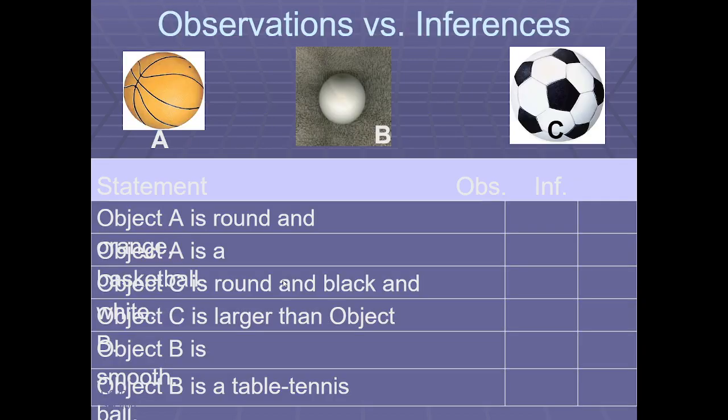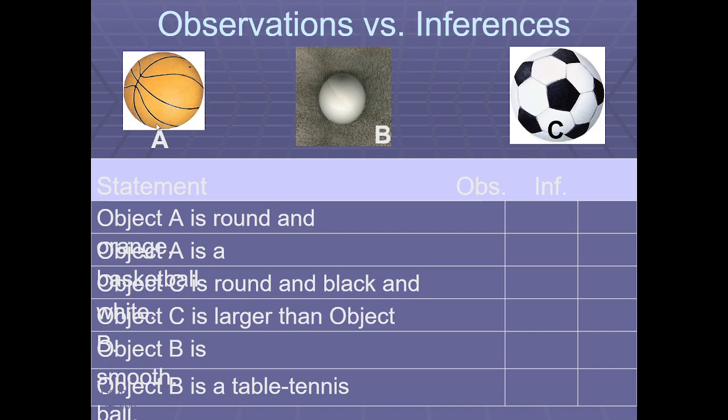What are the differences between observations and inferences? Well, an observation is something that you can prove to be true, and an inference is something that you assume. For example, object A is round and orange.